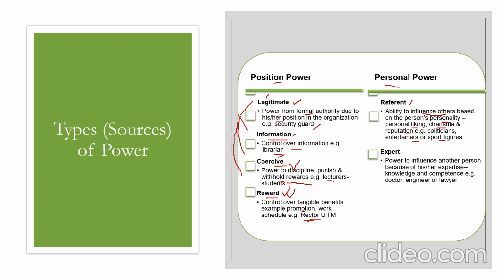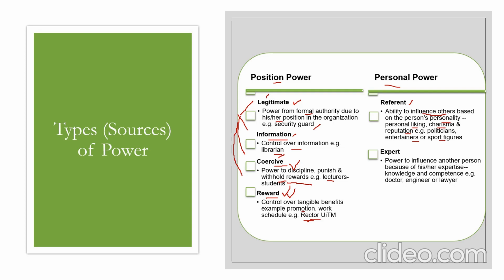Okay, politician, they have the referent power because they have the charisma and also some personalities in them that they are able to influence other people. Okay, Tun Dr. Mahathir. He was once a very well performed prime minister when he was the fourth prime minister.